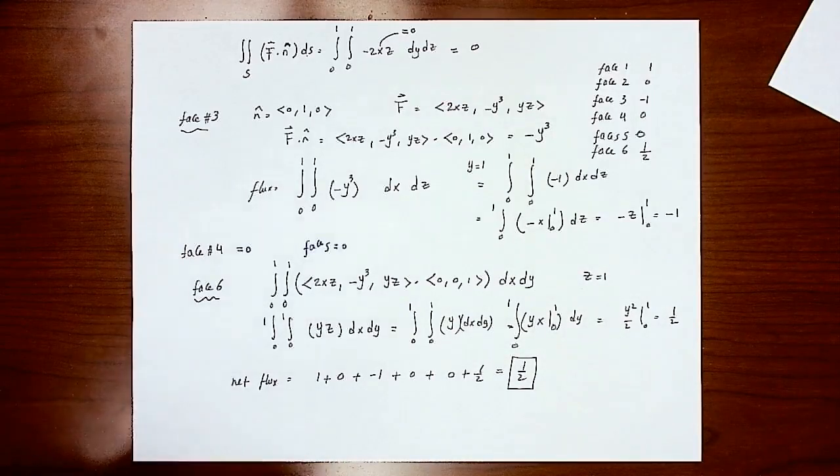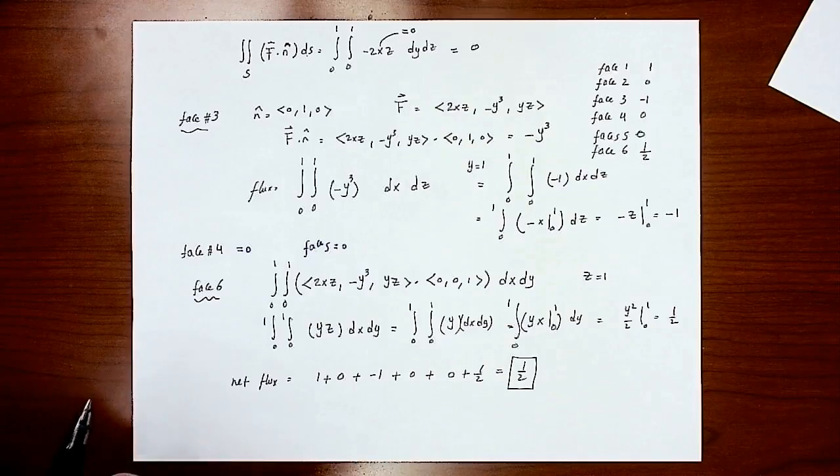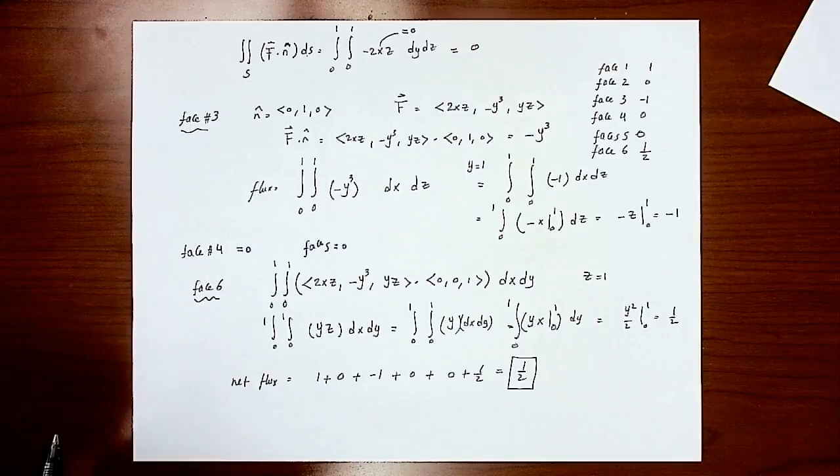So you can figure out how hard it is when you are using the double integral to get the net flux out of this cubical shape. Now, how is the divergence theorem making everything much easier?